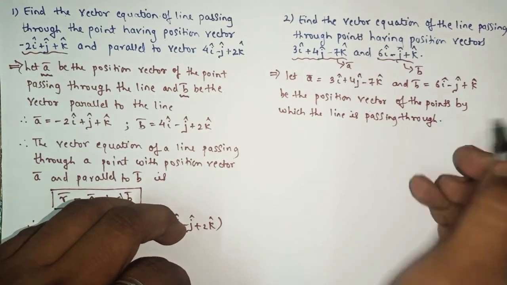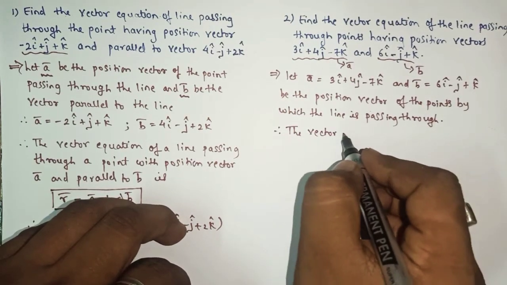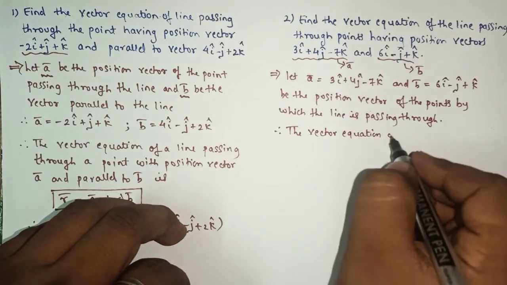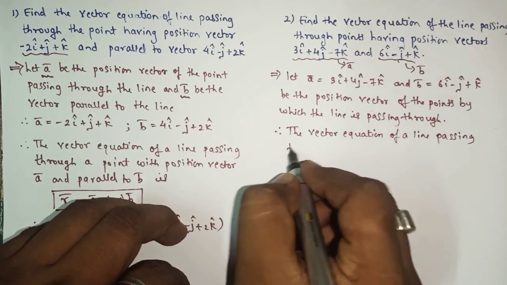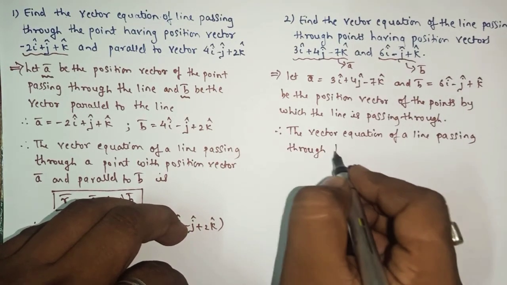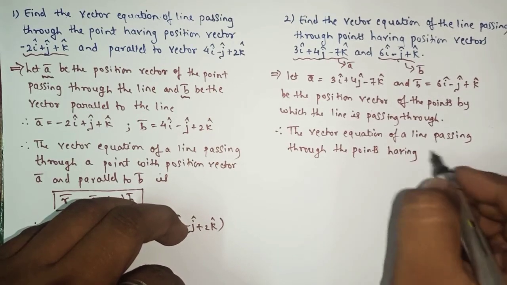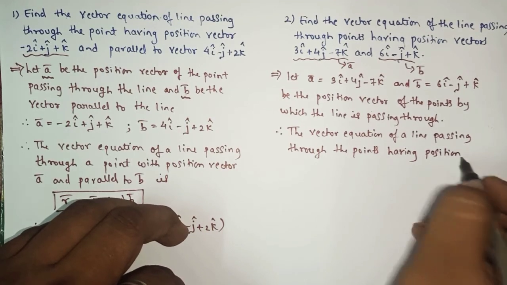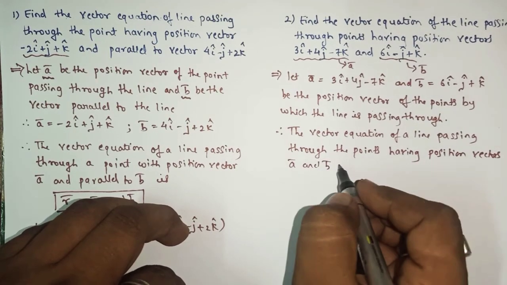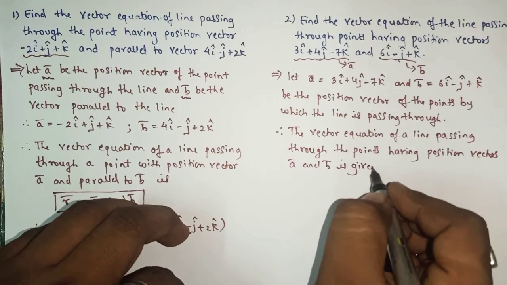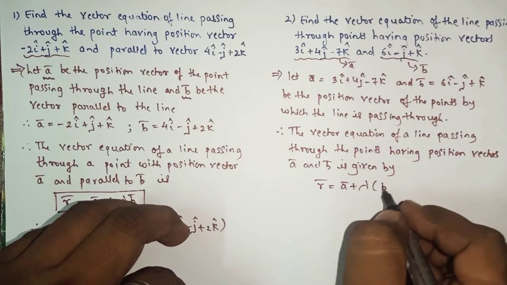Okay, so the vector equation of a line passing through the points having position vector A bar and B bar is given by R bar equals A bar plus lambda (B bar minus A bar).